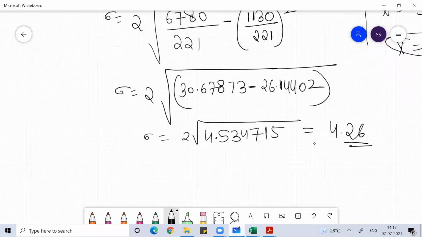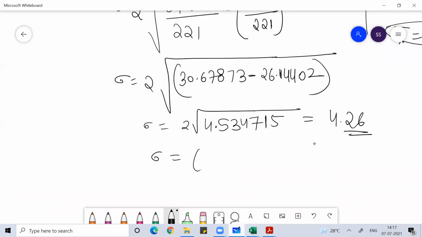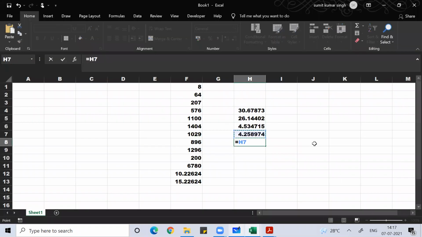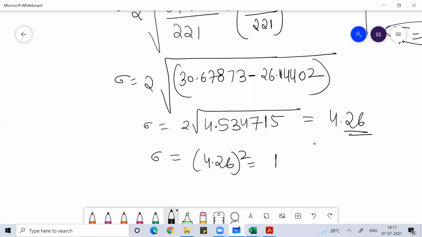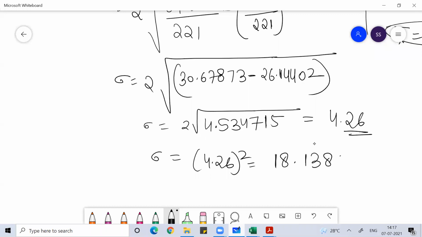So the variance of this is 4.26 square, which is 18.1388.